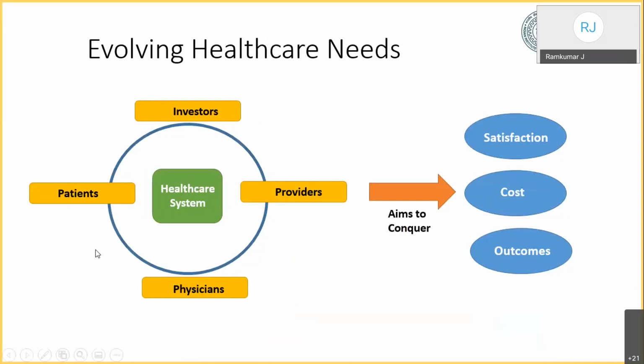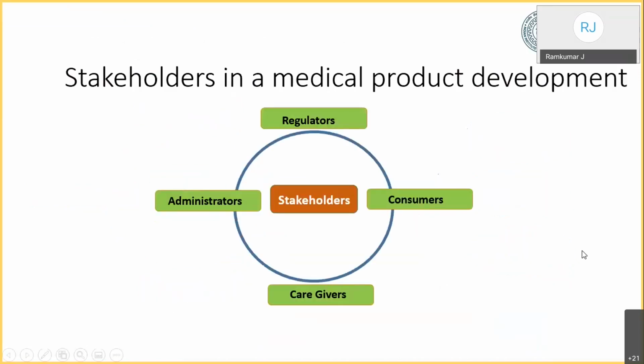As far as the patient is concerned, he would like to have a treatment with somebody who gives proper care and who gives an assurance that the problem will be solved. Physicians are those people involved in this business who execute whatever is required for the patient. So finally, the aim of this entire exercise is that you have to have satisfaction, as minimum cost as possible, and better outcomes.